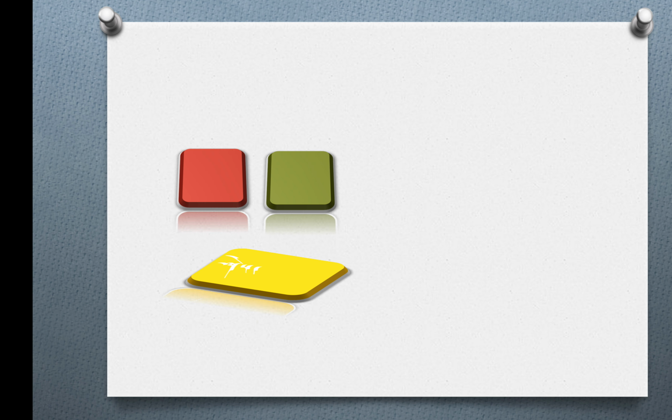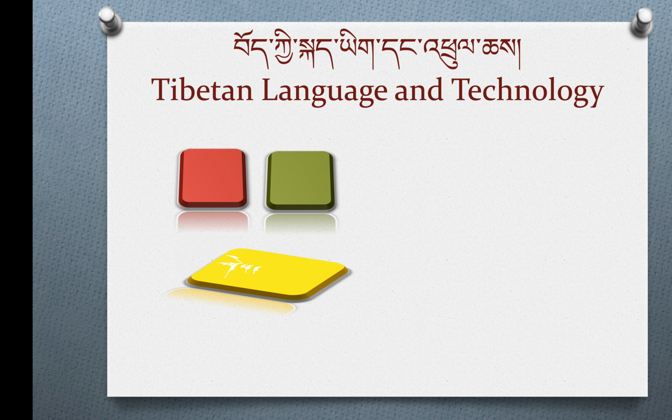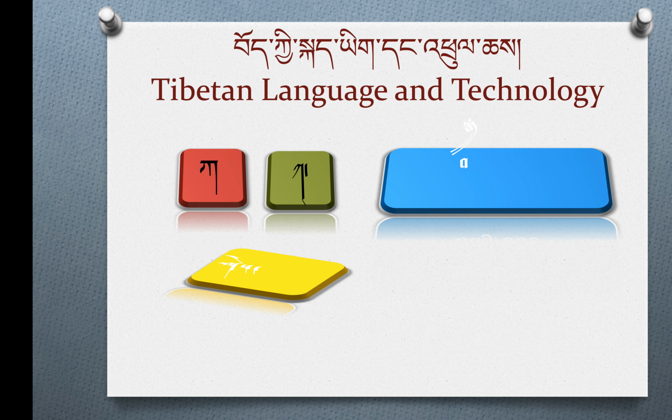So let us see. The Tibetan language and technology. I tried to do something that will show some animation to give you a sense of Tibetan language and technology. And this first one is Uchen, the headed one, and the second one is Ume, the headless one.